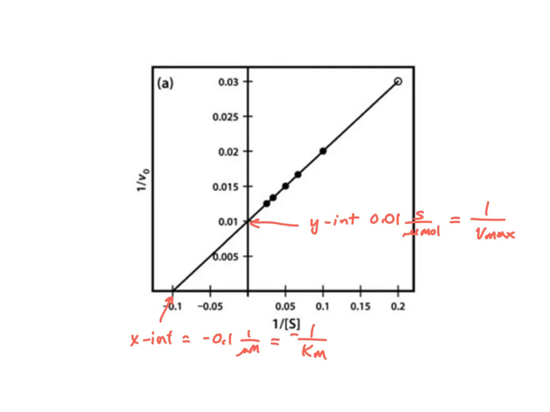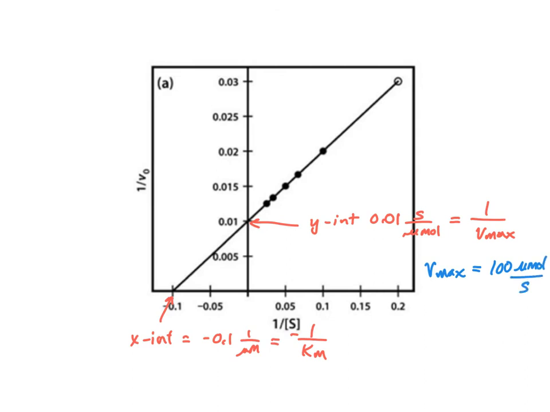So if we solve this up here, all we have to do is invert this to become Vmax, and we have to invert that. So what is the answer in this case? Vmax is equal to the inverse of 0.01, and if you get your calculator out, that's 100. We also invert the units back to what they were originally, which is micromole per second.